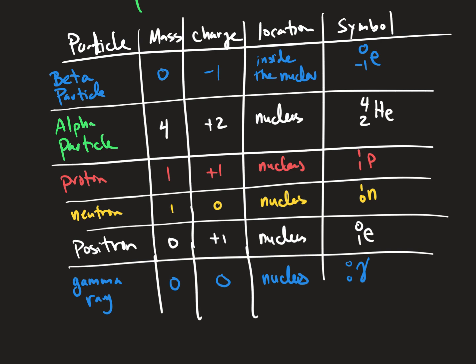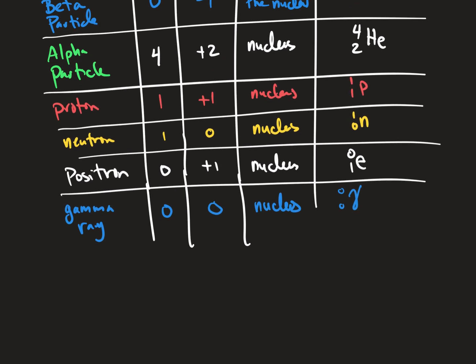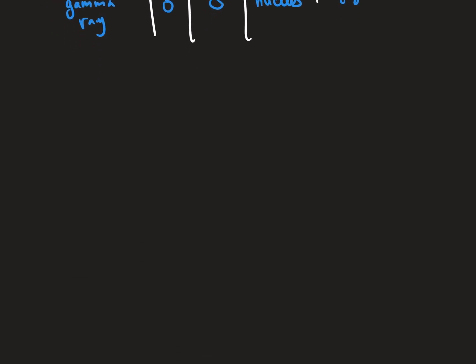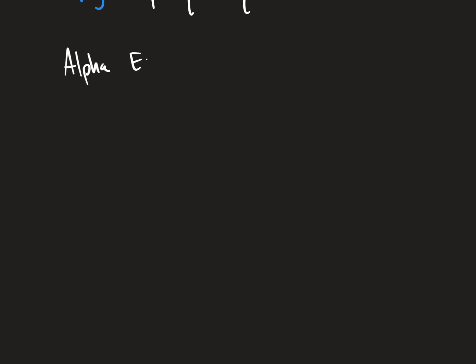All right, now let's talk about the different types of nuclear reactions. Ready to move on? Do you need to write this still? Good. All right, let's start with alpha emission, sometimes called alpha decay.